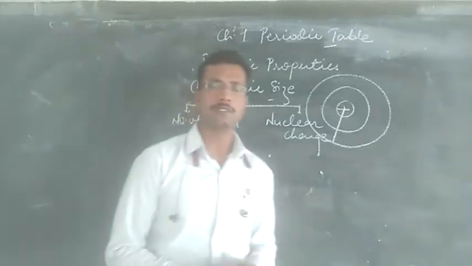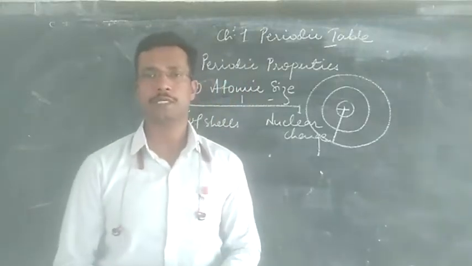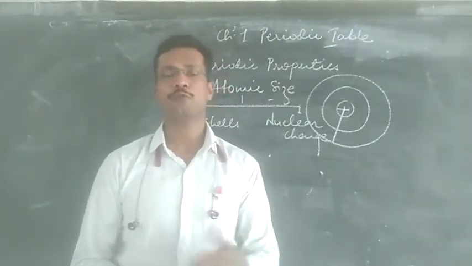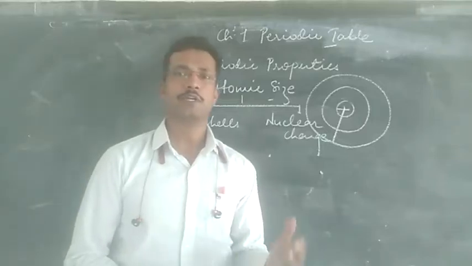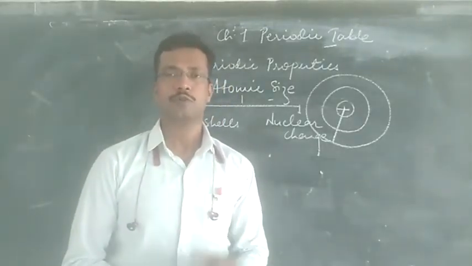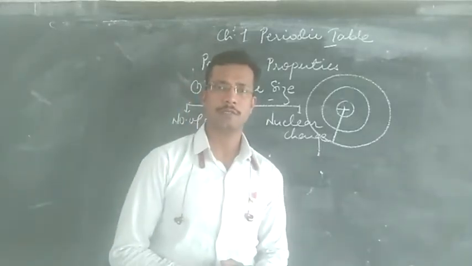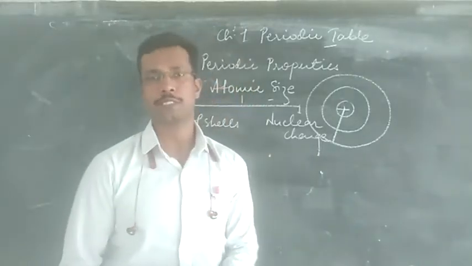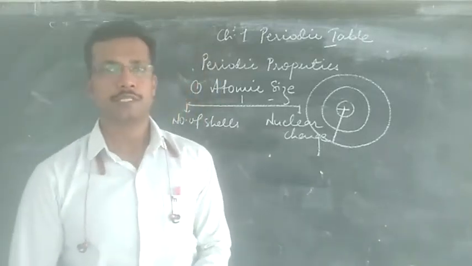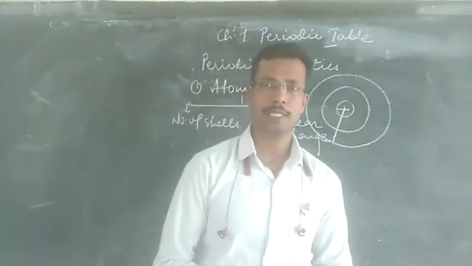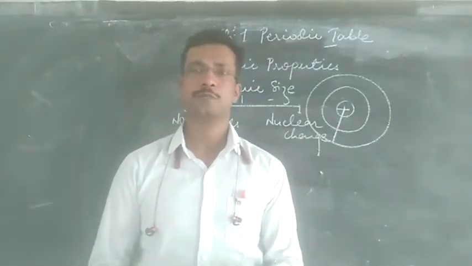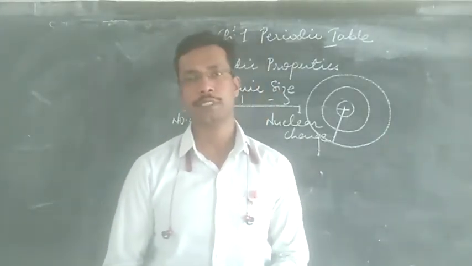Whereas nuclear charge is the positive charge present in the nucleus, and due to this charge there is a force of attraction between the nucleus and the electrons in the valence shell. So with the increase in the nuclear charge, there is a decrease in the atomic size. So the number of shells is responsible for increasing the atomic size, whereas an increase in the nuclear charge is responsible for decreasing the atomic size.